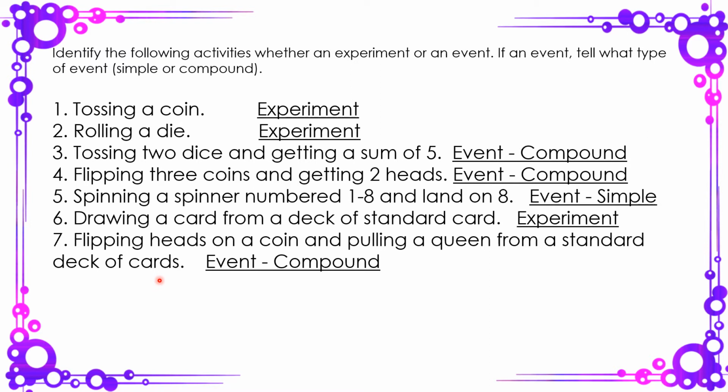If we flip heads on a coin, we have one possible outcome, of course, and pulling a queen from a deck of cards, we have possible outcomes of head and queen of hearts, or head and queen of spades, head and queen of clubs, and head and queen of diamonds. So we have 2 or more possible outcomes. So this is an event and it is a compound event.